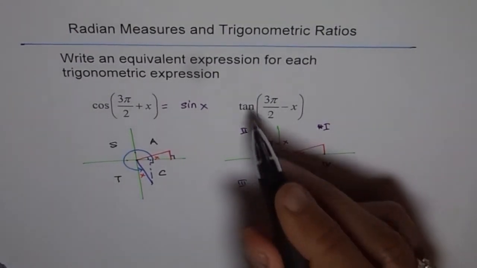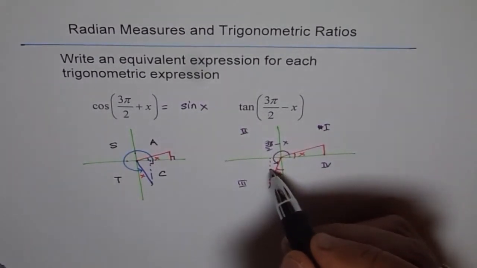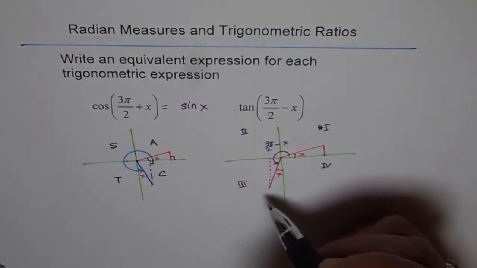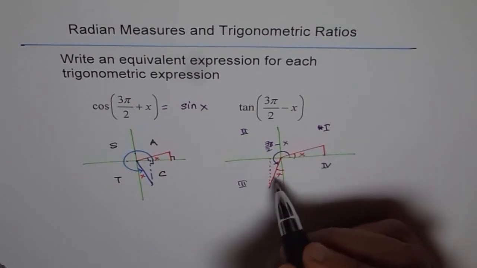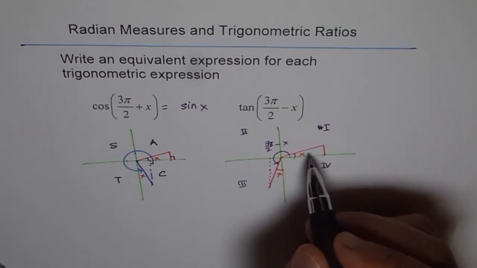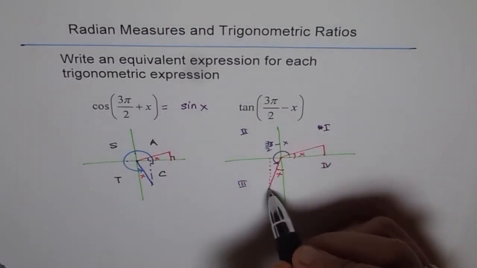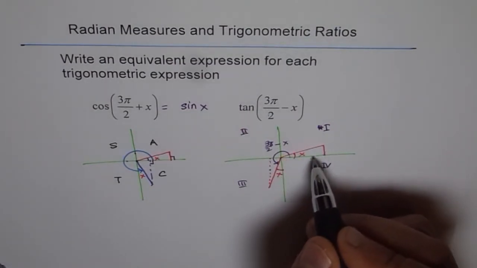In quadrant 3, tan is positive. Why is tan positive? Opposite over adjacent side. Both are negative. Negative, negative gives you a positive value, correct? Tan is positive. Now as you can see, if you compare these two triangles, then for tan 3π/2 − x it is the longer side divided by the shorter side. If I compare with the smaller triangle in quadrant 1, longer side divided by shorter side is cotangent, right?